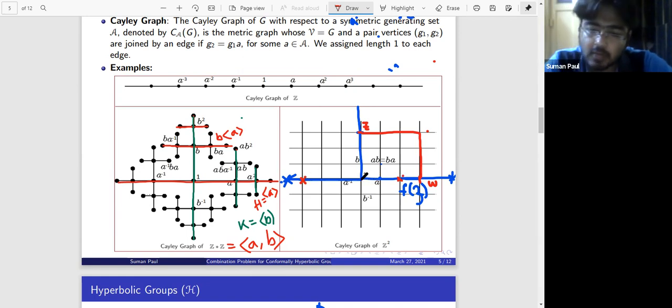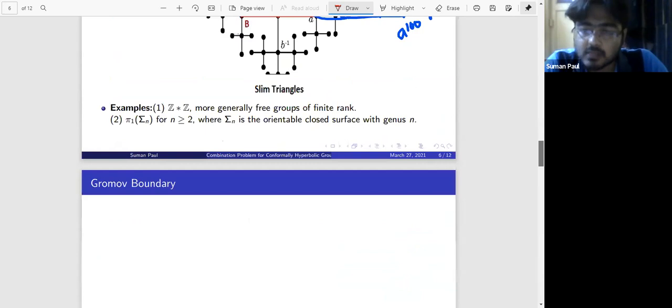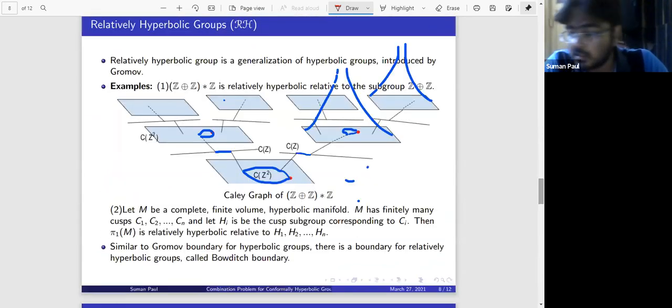But you can consider this point and see that this geodesic ray is far away from 1, so this ray and this ray are identified. Similarly, this ray and this ray are identified, so these 2 rays are identified. That's why Z direct product Z has only 1 point in the Floyd boundary.